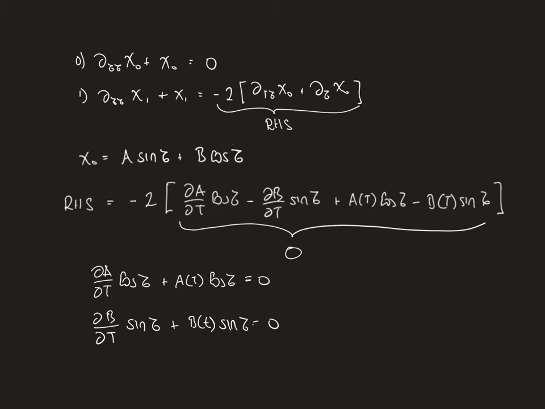So from this one, we already know that we may have a differential equation. Maybe you already got it. dA dt is equal to minus a, and here we have dB dt equal to minus b, and this is a very simple first order differential equation. We already know how to solve it. Just remember, the idea is to connect all the dots that we have already in our minds.